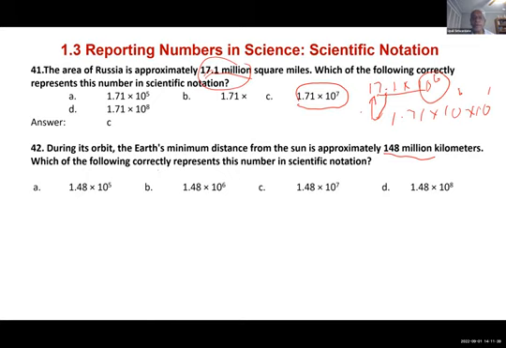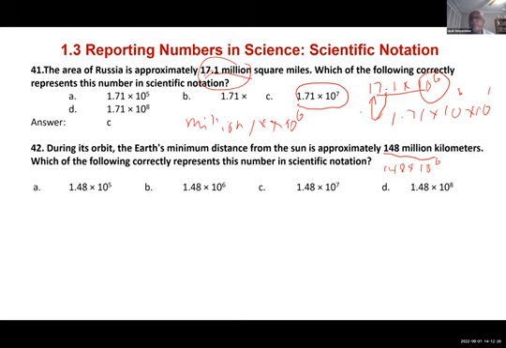So we have to convert it to scientific notation, just like what we did before. 148 multiplied by million. Million is 10 to the 6. How many of you know million? Million is 1 times 10 to the 6. That's why 10 to the 6 is here.